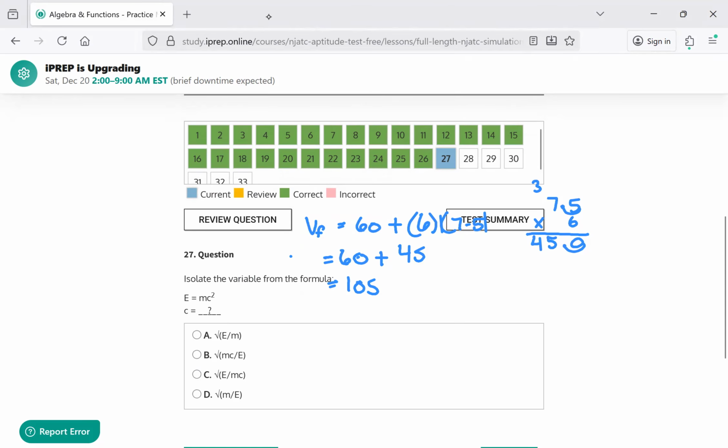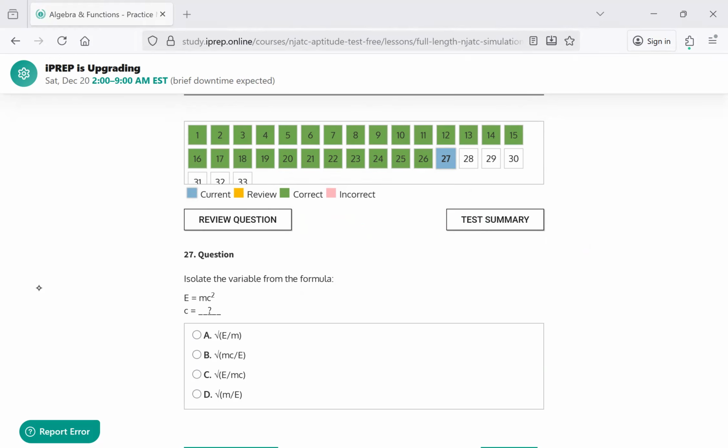27. So what is isolate C? So this one's not too bad. You can do this, right? So we have E equals M times C squared.